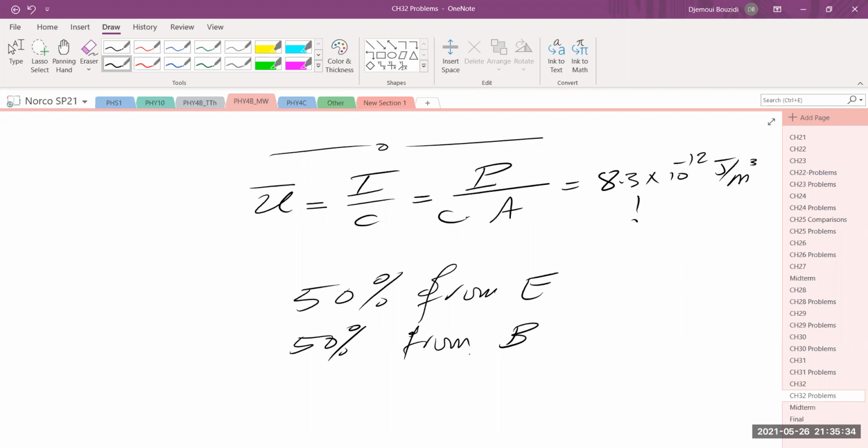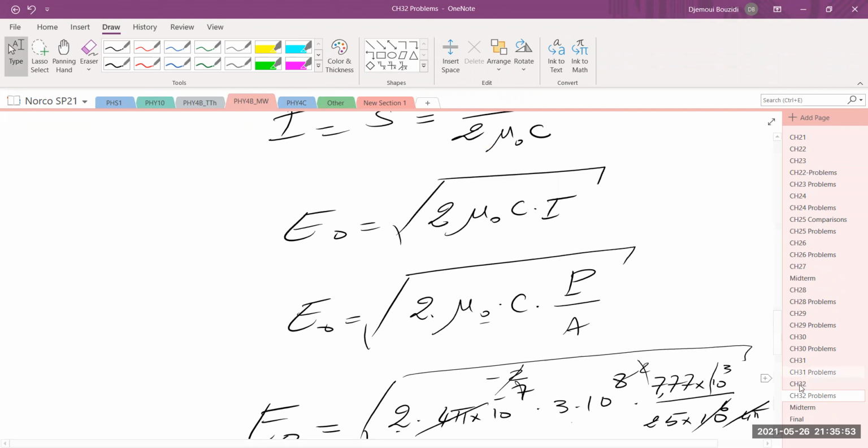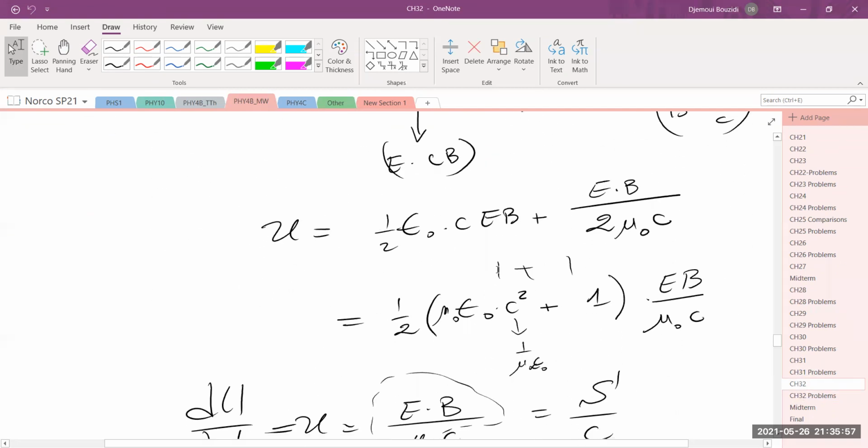It's like the mass spring system, actually. If I take a mass spring system, I have to have a mass and I have to have a spring. The energy sometimes is kinetic, sometimes is potential, and this is the total energy of the mass spring system. This is exactly what this means, that the total energy is coming 50-50 from both the electric field and the magnetic field. When we explored it in class and added both of them, we found they have the same contribution, no matter how you write it down.